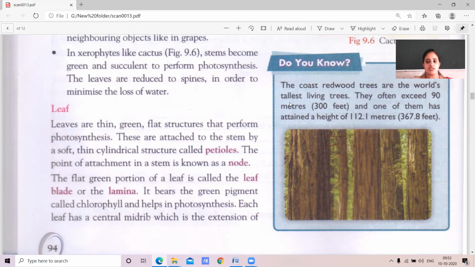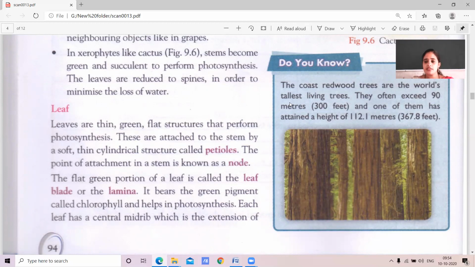Yes, children. We have seen so many leaves. Different leaves have different shape and size. The shape and size will vary.